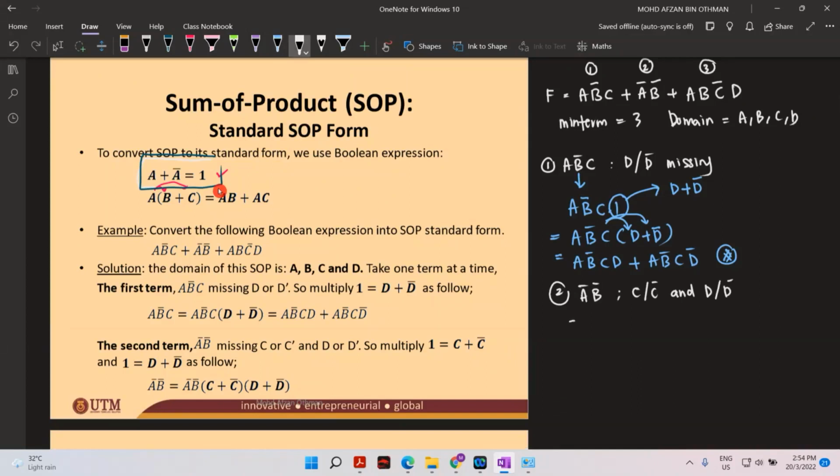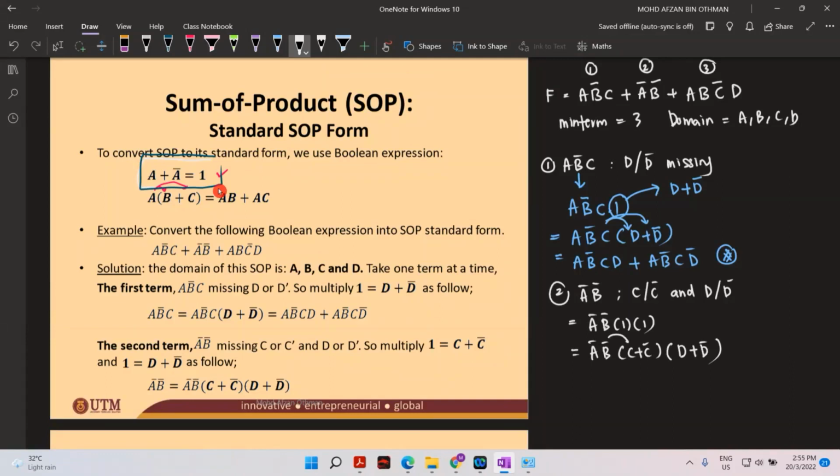So nak buat macam mana? Macam samalah. Darab dengan 1, darab dengan 1, which is yang ni tadi. Kita gantilah. Ā B̄ (C + C̄) dot lagi (D + D̄). So next nak buat apa?